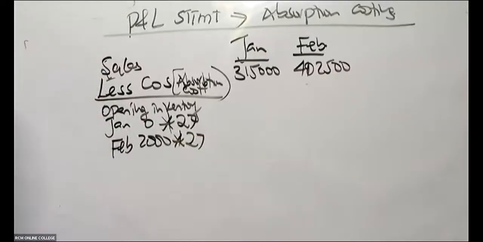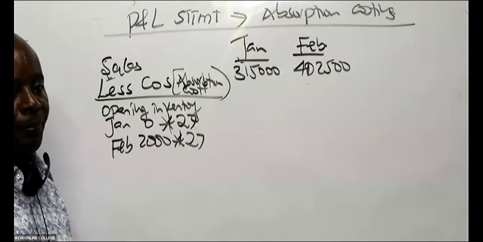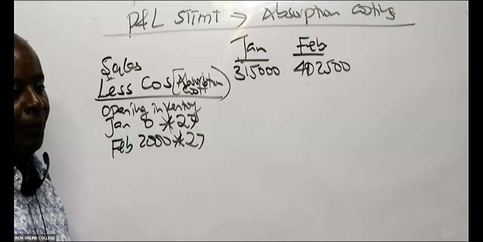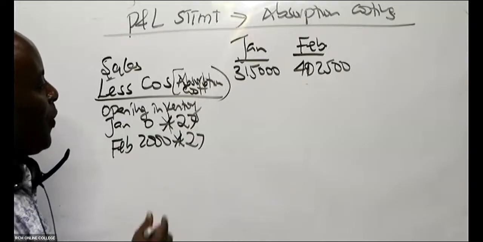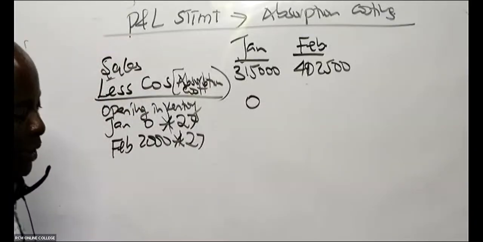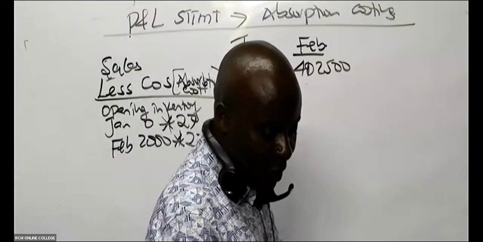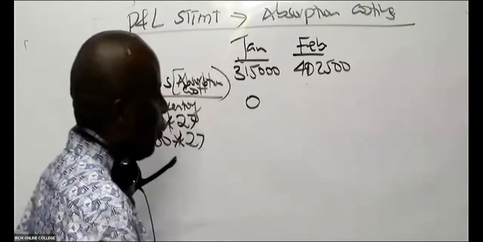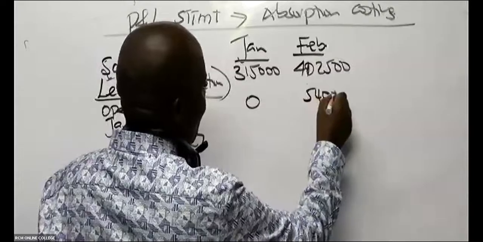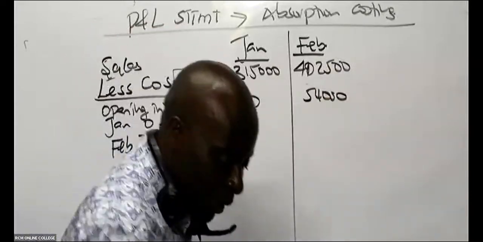So the first one will be 0, and the second will be 2,000 times 27, which is 54,000. So that is opening inventory.